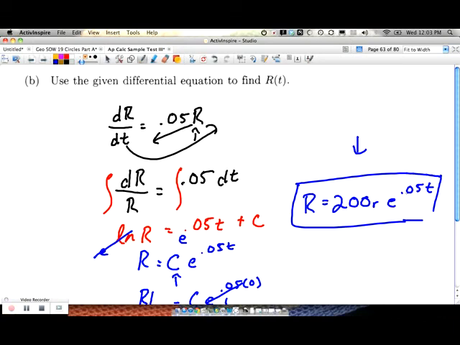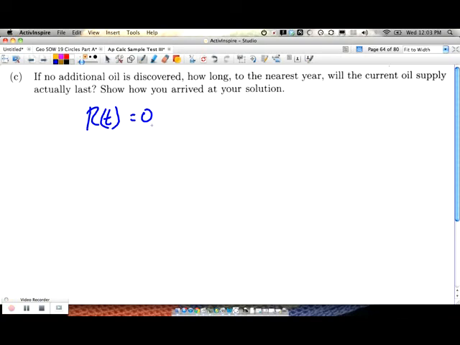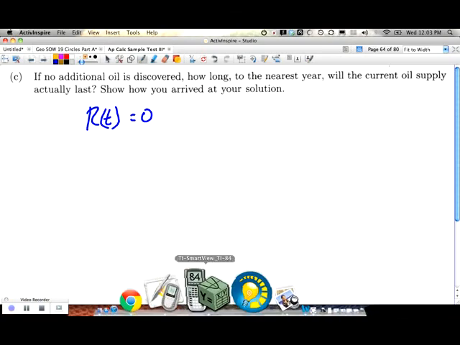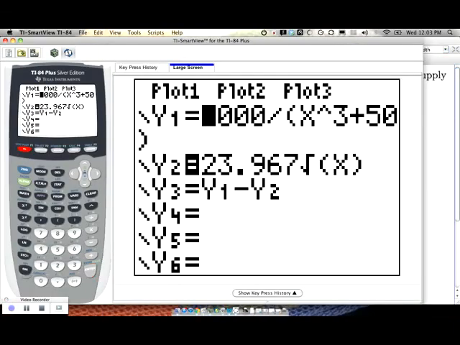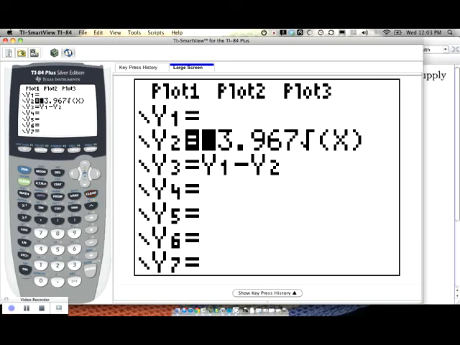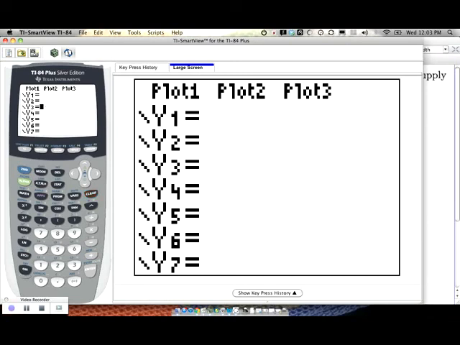Well, let's say big R right here was just 1 or something like that. We're trying to figure out when that goes to 0, and show how we arrived at our solution. Let's go ahead and graph. We're going to clear these ones from the previous. So we have 200 R, which is the current rate.